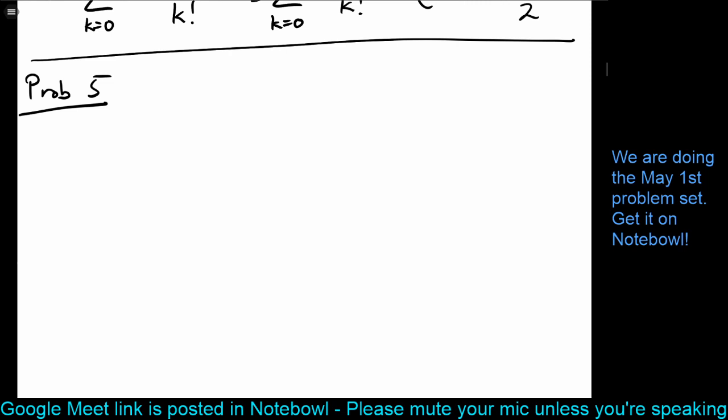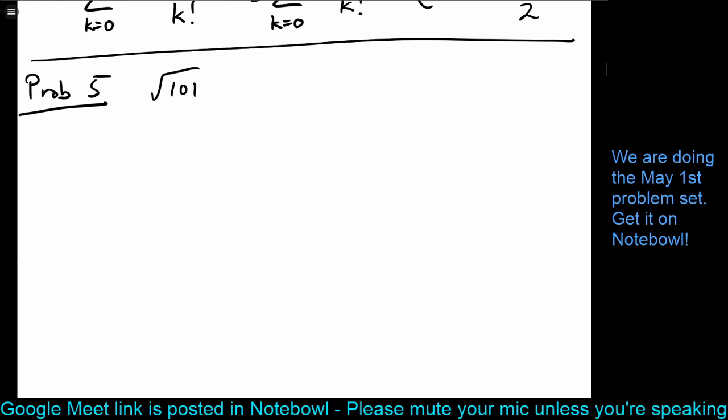So, by using higher and higher degrees of the Taylor polynomial, we can get better and better approximations. Here we're trying to estimate square root of 101.